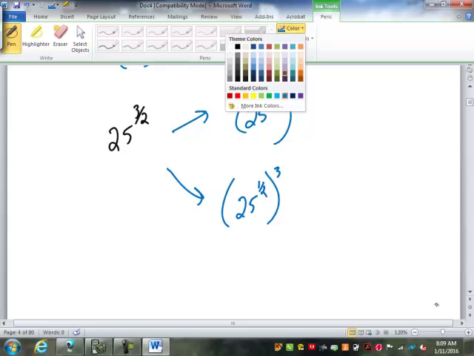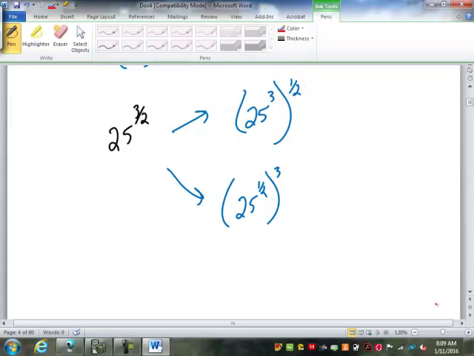Either way, what's the square root of 25, or 25 to the power 1/2? That's 5. 5 to the 3rd is 125. 25 to the 3rd power is 15,625. And the square root of that is 125.